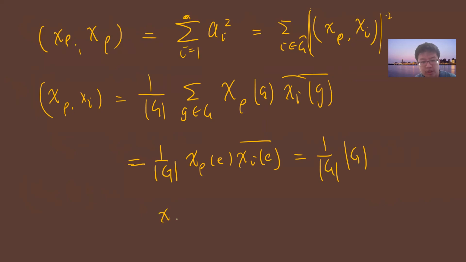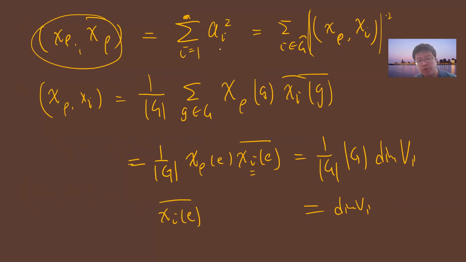And then what is chi_i of the identity? Chi_i is a representation, and any representation at the identity is just the identity. But when you take the trace, it becomes the dimension of that representation, dimension V_i. So that means in the regular representation, each irreducible representation occurs as many times as its dimension. So a_i is the same as the dimension of V_i.